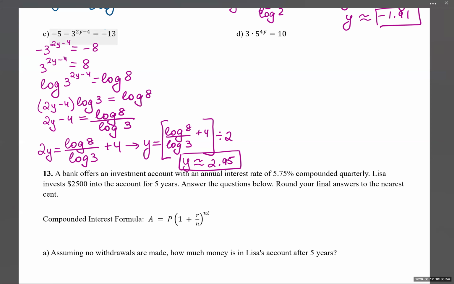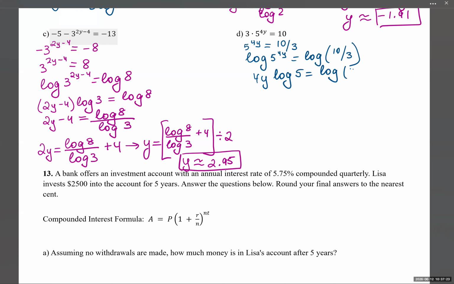All right, part D, in order to isolate the exponential, we have to divide by 3. So this is 5 to the 4y equals 10 over 3. Log base 10 on both sides. Again, I'm not putting 10 over 3 into a calculator. I'm keeping it as a fraction to avoid the calculator errors. 4y times log base 10 of 5 equals log of 10 over 3.